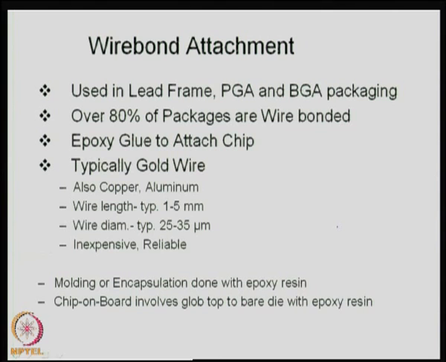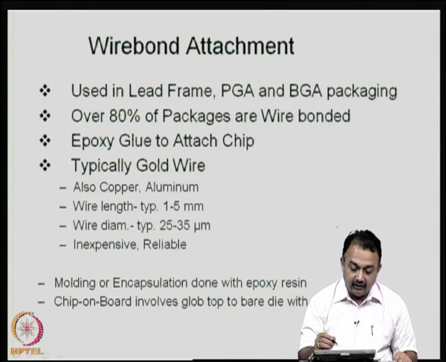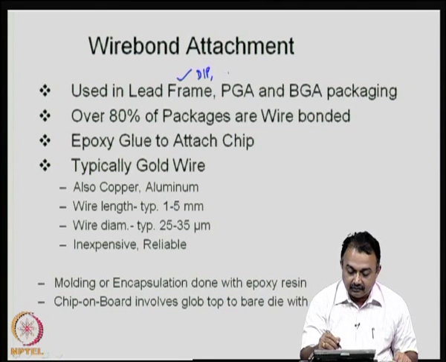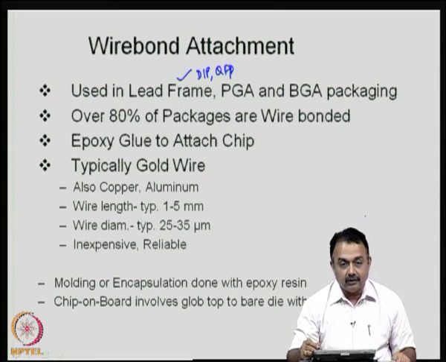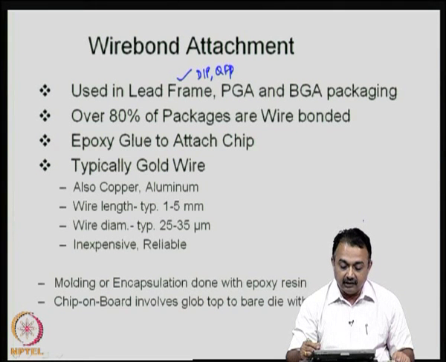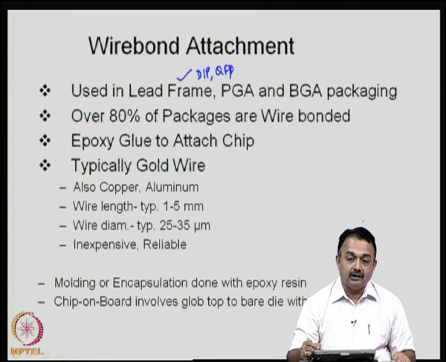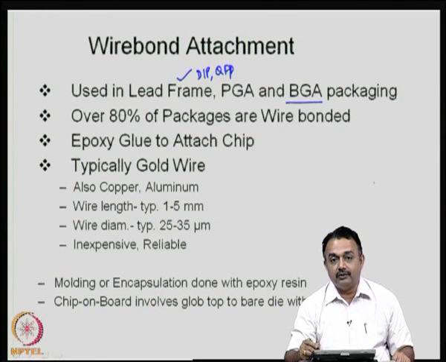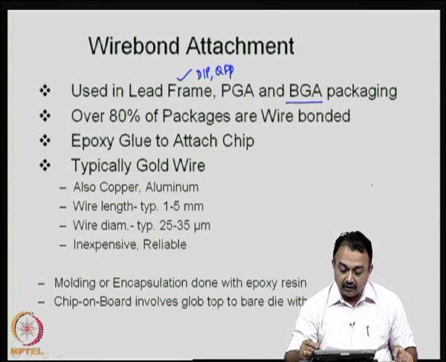Now, wire bonding is used in the case of lead frame packages, for example, DIP packages, QFP packages and so on. It is also used for PGA packages, pin grid array. In some cases, earlier it has been used for BGA packages, but if you use BGA and wire bond, obviously the height will be more compared to using flip chip.